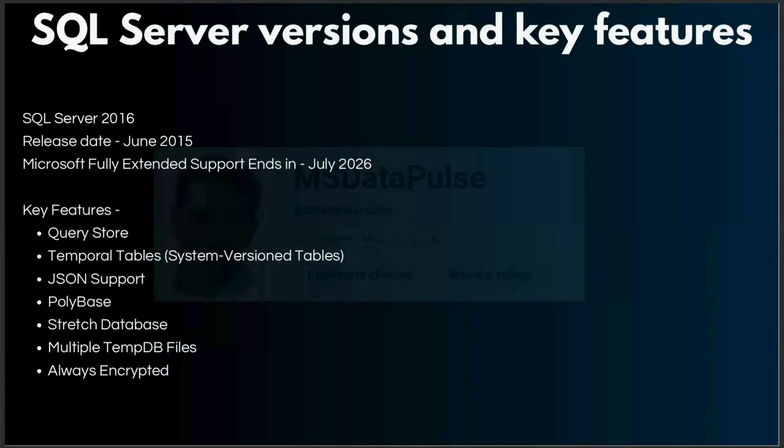Next is the temporal tables. Temporal tables, or system-versioned tables, in SQL Server automatically track and store the history of data changes in the table. They enable time-based querying of your data as it existed at a point in the past without requiring manual auditing code. Let's understand this. Suppose you have created a table with temporal support in SQL Server.